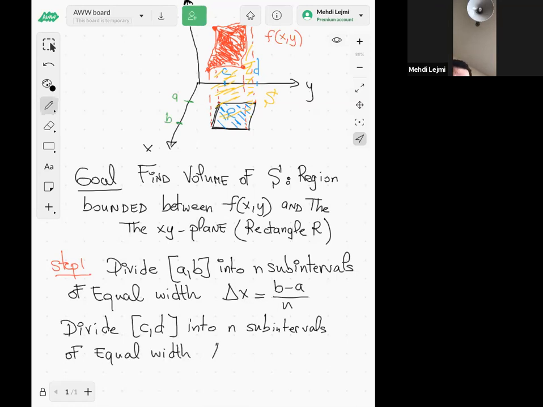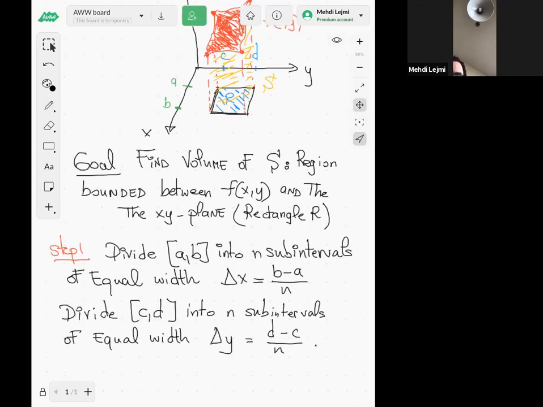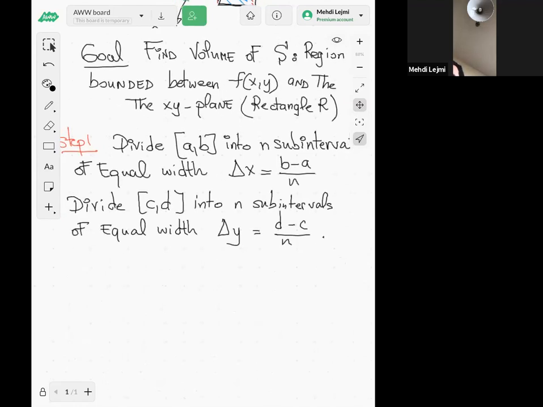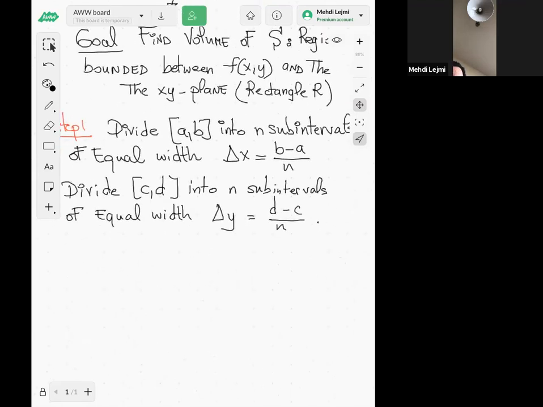Delta y, of course, because your variable y belongs to the interval CD, so delta y is equal to d minus c over n. Now if you do this, you're going to get very small rectangles.